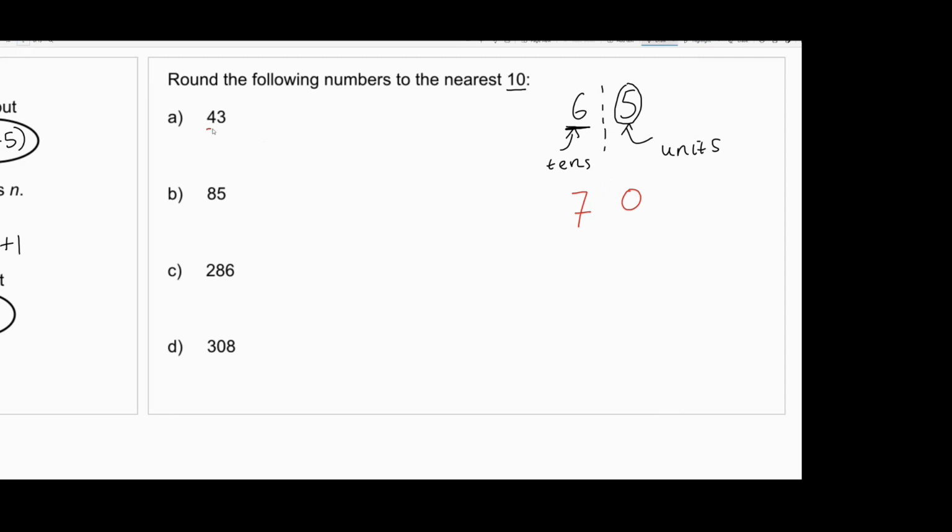So for A, if I underline the 4, draw a dotted line, and I'm underlining the 4 because it's in the tens, we're going to end up with 40, right? Because anything less than 5 tells us to round down. But anything 5 or more tells us to round up. So if I have 85, what would that be to the nearest 10?